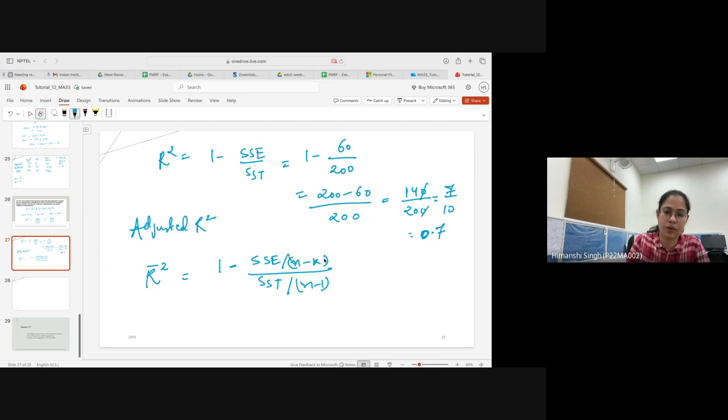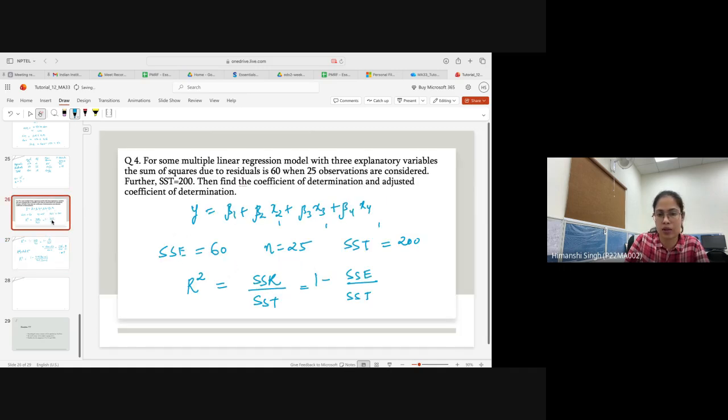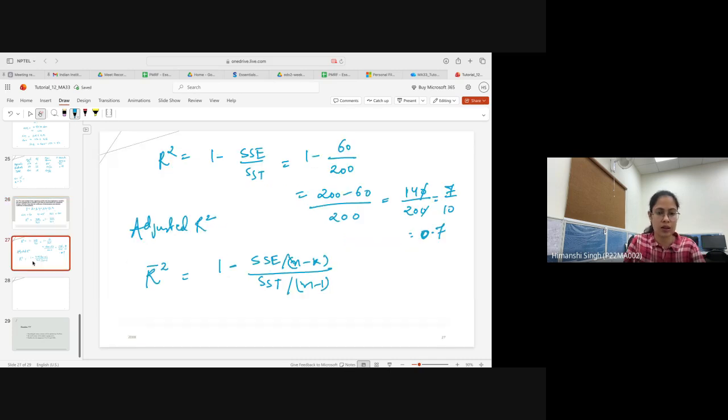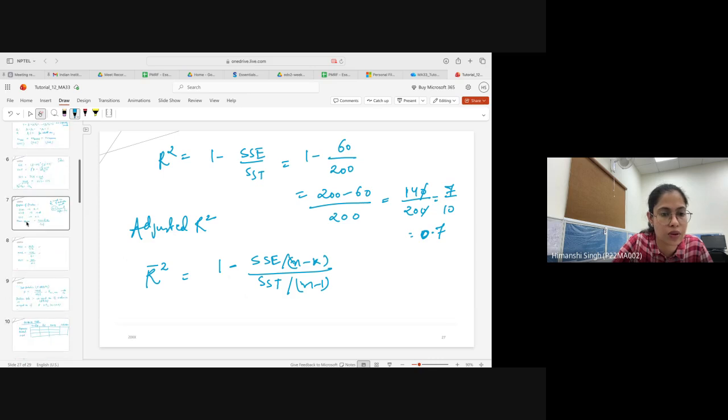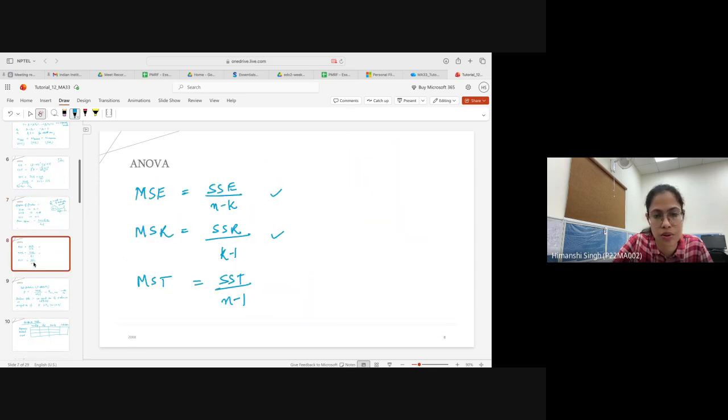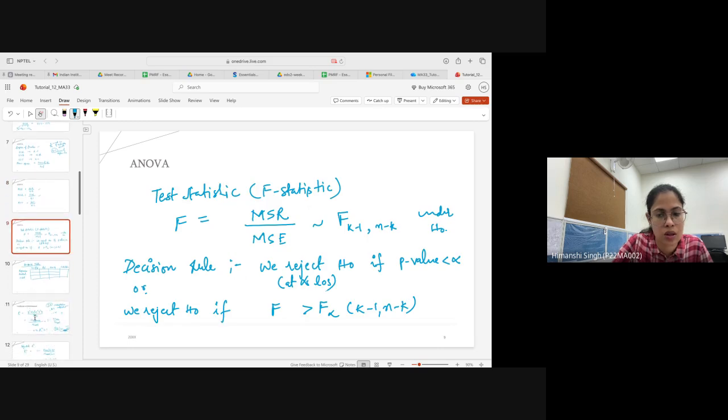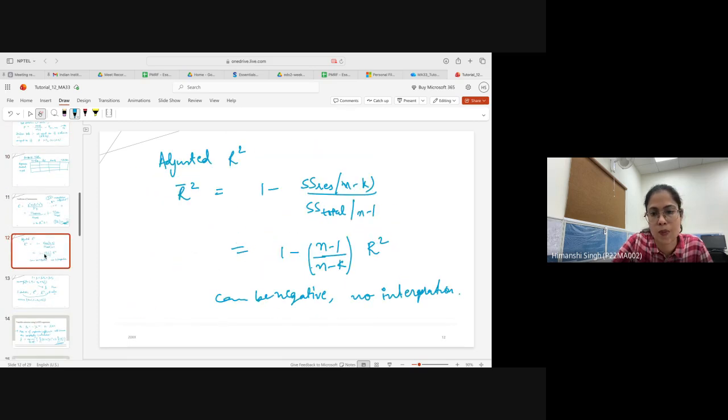Or in place of that, we can also write it differently. Wait a minute, I will just cross check the formula first. Just give me a minute. I had a confusion.